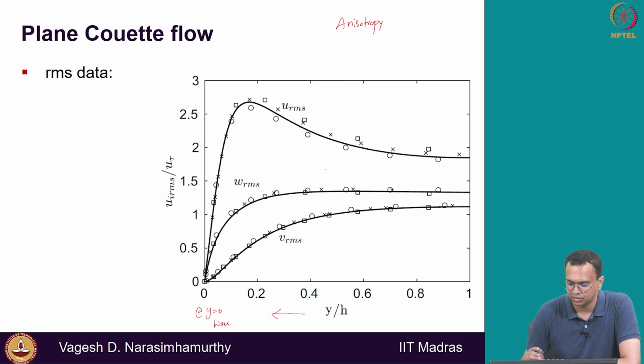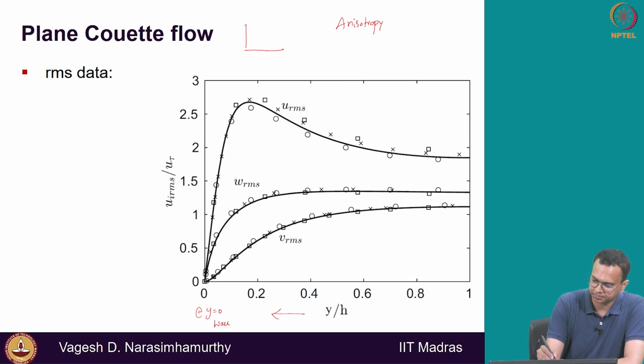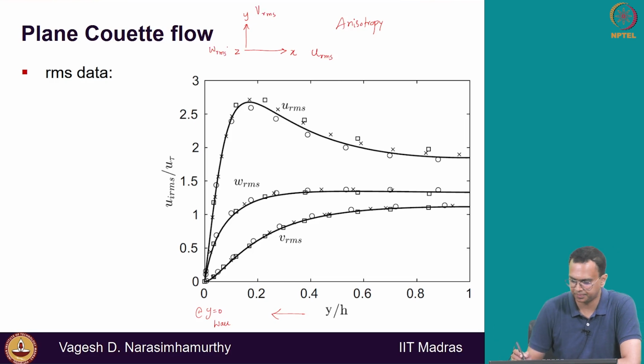If I write the coordinates, x direction, y direction and z, so in the x direction you have the URMS, this is the VRMS, and the WRMS is the out of plane component.